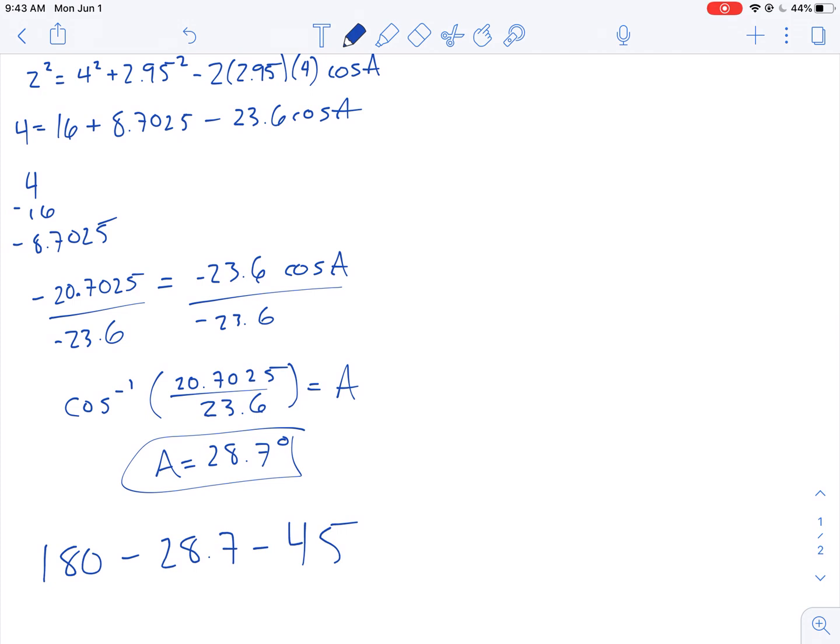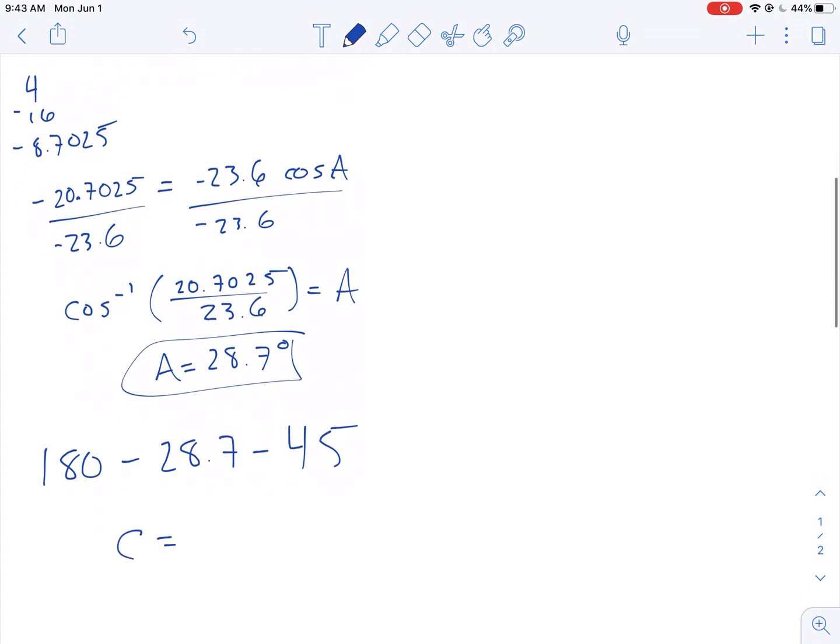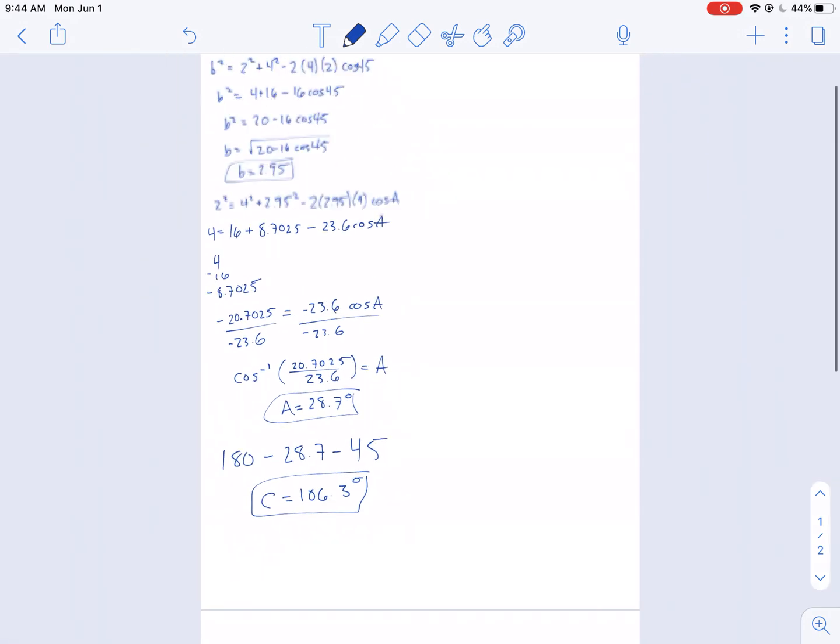I could go ahead and plug all of this back in, but doing the formula and all the work associated with the formula is tedious. I will find that my angle C is equal to 106.3 degrees just by doing the subtraction, which makes sense given the fact that C is my largest side length.